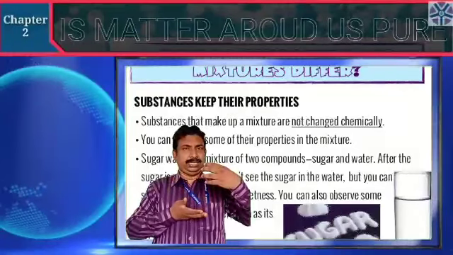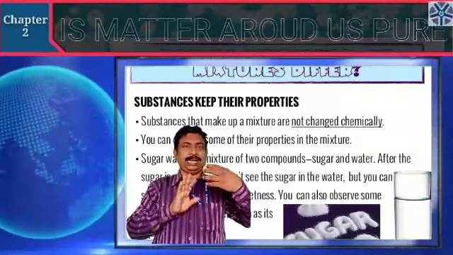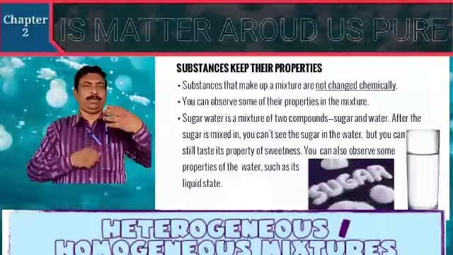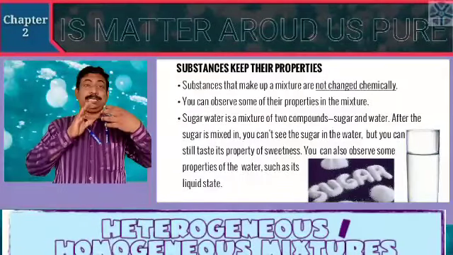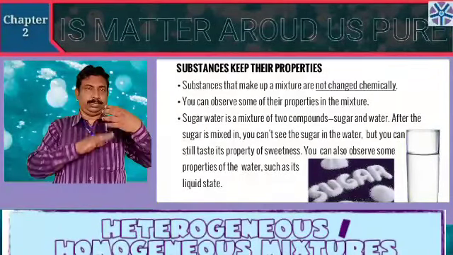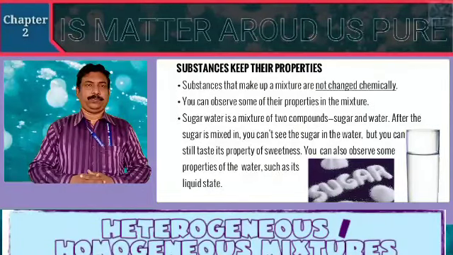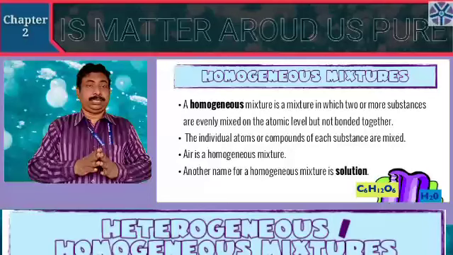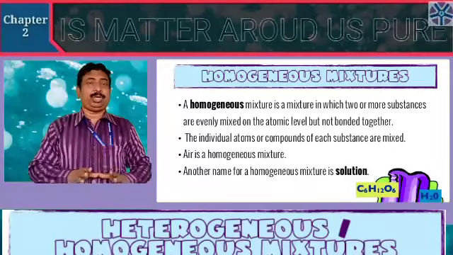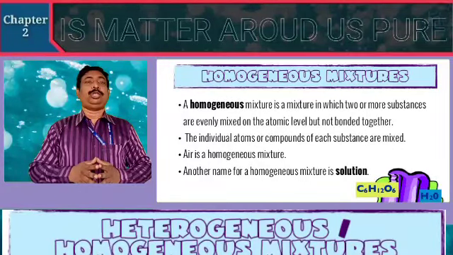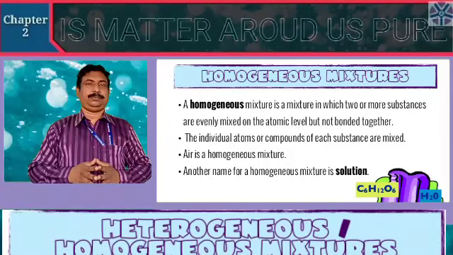If the entire sugar is dissolved, we will see that the sugar is not at all visible to us. It's completely dissolved. Even by filtration you cannot separate it. Such completely dissolved mixtures are called homogeneous mixtures.